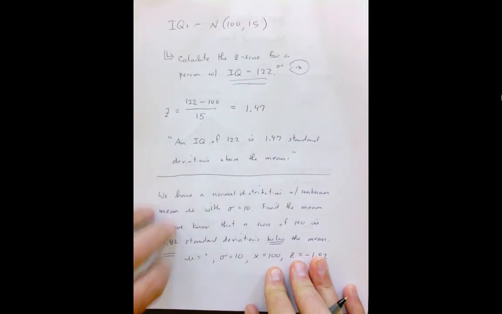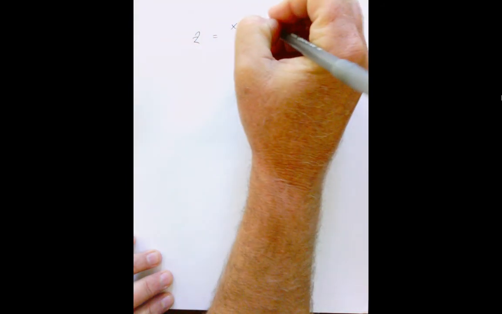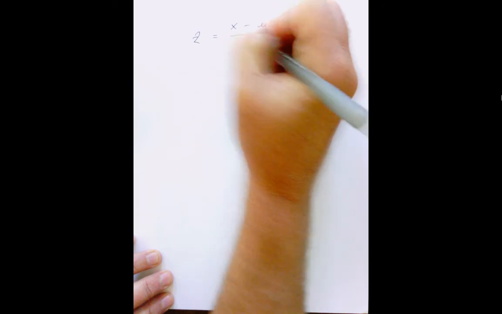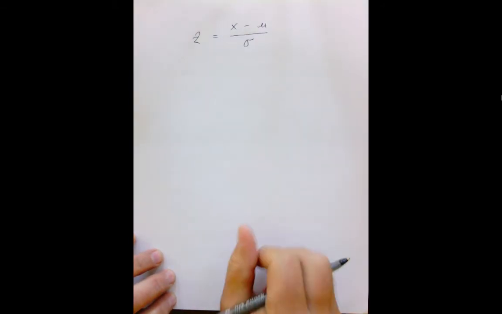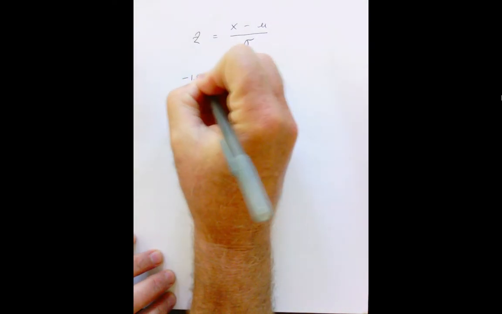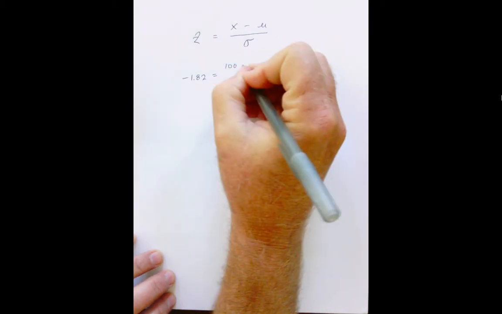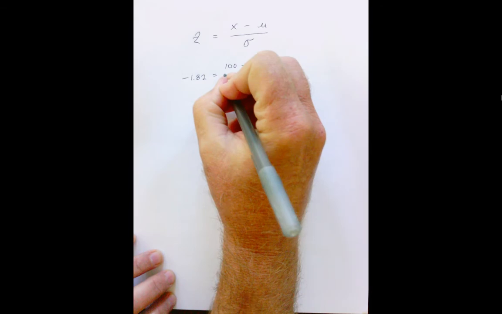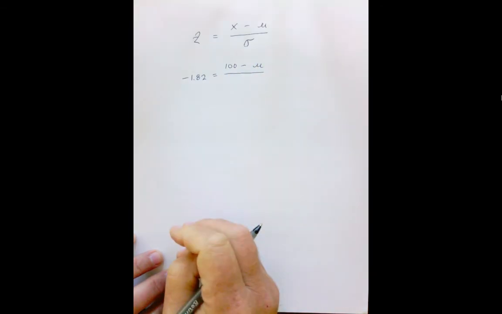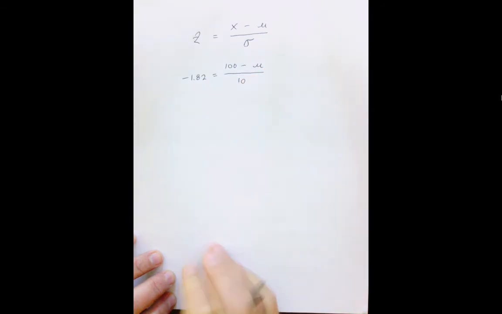The z-score formula, as we know, is x minus mu divided by sigma. So we know that for this problem the z-score is negative 1.82, and that must correspond to a score of 100 in a distribution where the mean is unknown, and we have a standard deviation equal to 10.